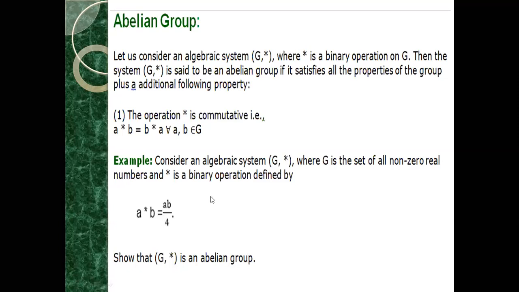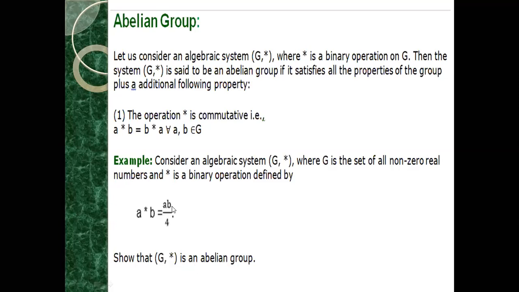Suppose a, b belong to G; the relation between those two elements can be expressed in this form: a * b = ab/4. We have to show that this binary operation gives an abelian group.